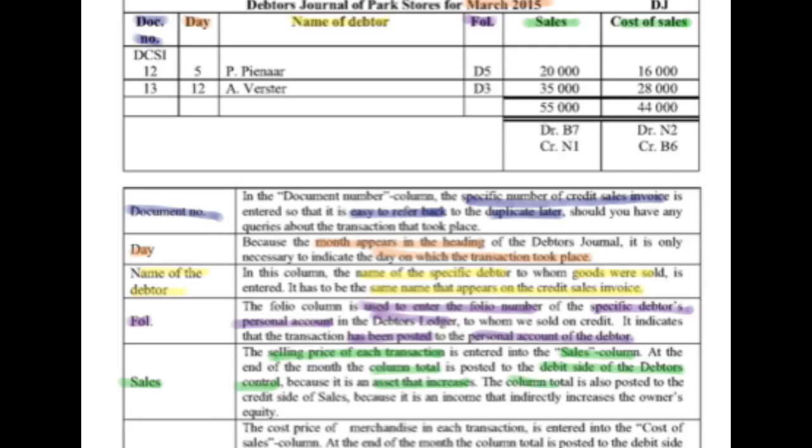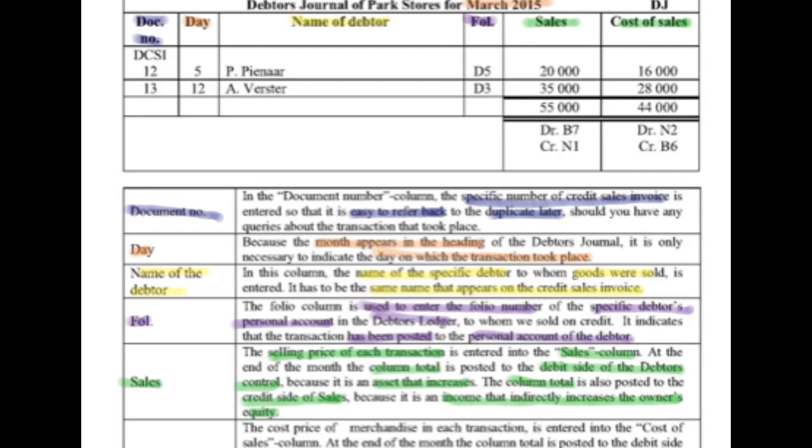The column total is also posted to the credit side of sales, because sales is an income that indirectly increases the owner's equity. So this column will be posted to debtor's control on the debit side and sales on the credit side.